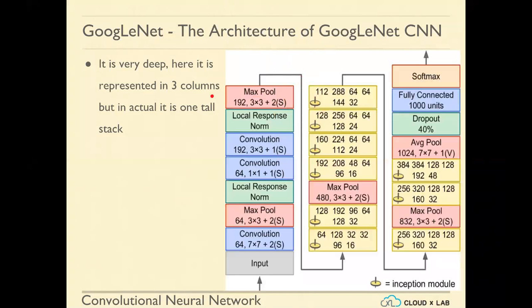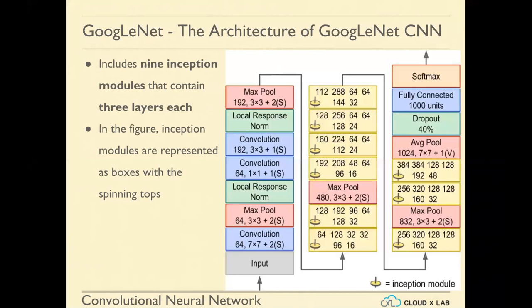And second, it's a single network that we have broken into 3 columns and represented, otherwise you won't be able to represent it on this page. So it includes 9 Inception modules that contain 3 layers each.